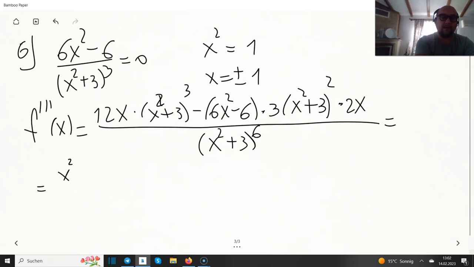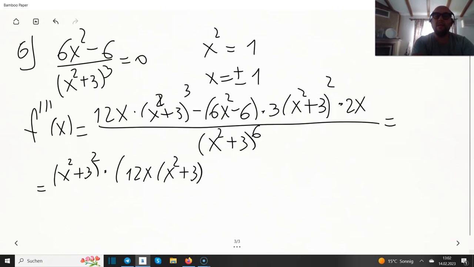Well, what's happening next? We are taking x squared plus 3 squared outside of the parentheses. We're going to get 12x times x squared plus 3. We are having minus 6x, 6x squared minus 6. I'm taking my time here.